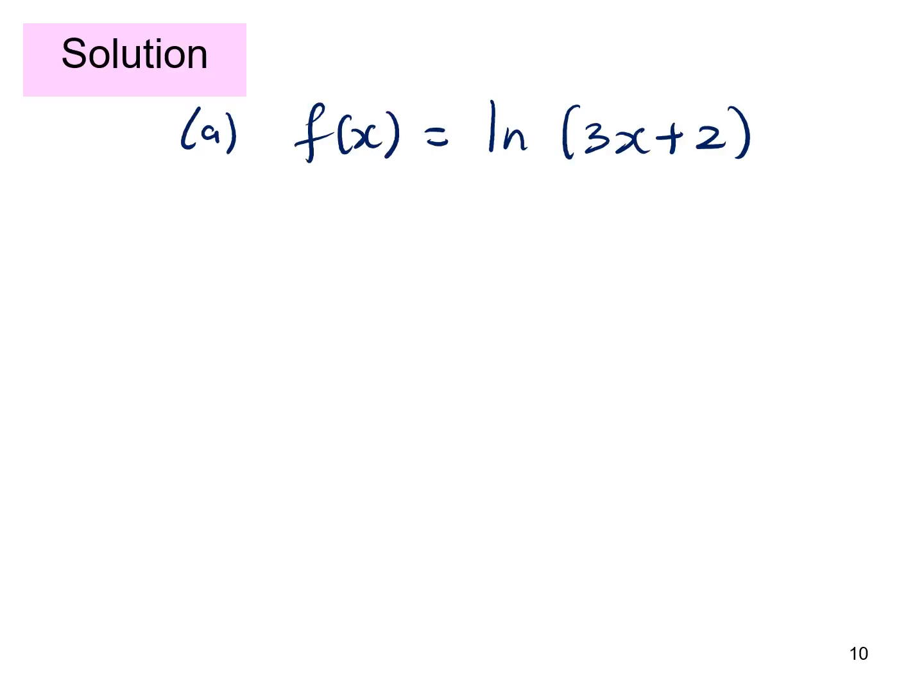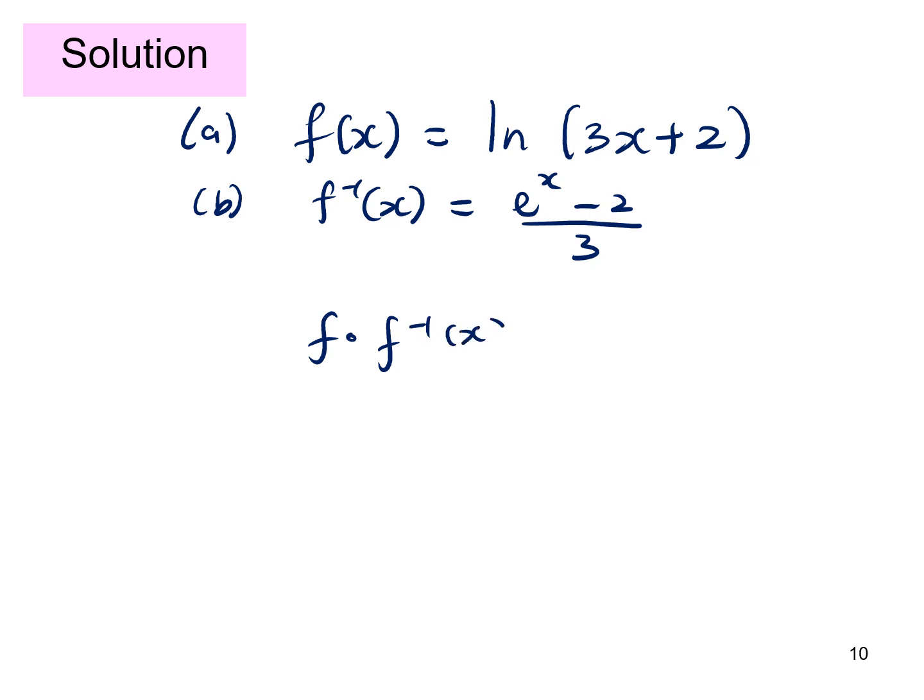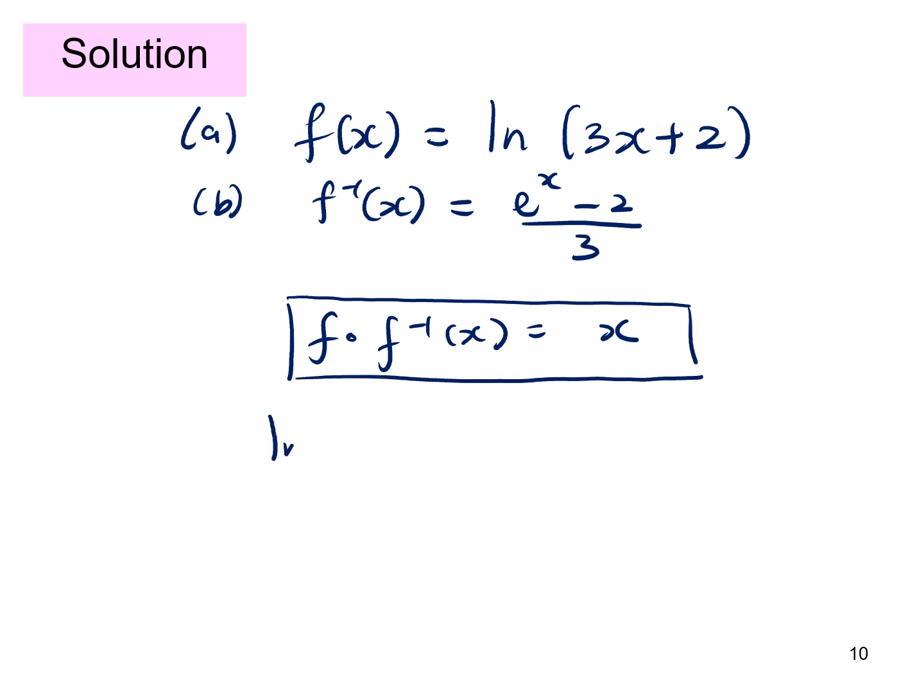Alright, we have a log function and then we find its inverse. So we use this definition: f of f inverse x equals x. So we have ln of f inverse inside f: ln(3 f inverse x + 2) equals x, and then we set up f inverse as the subject.